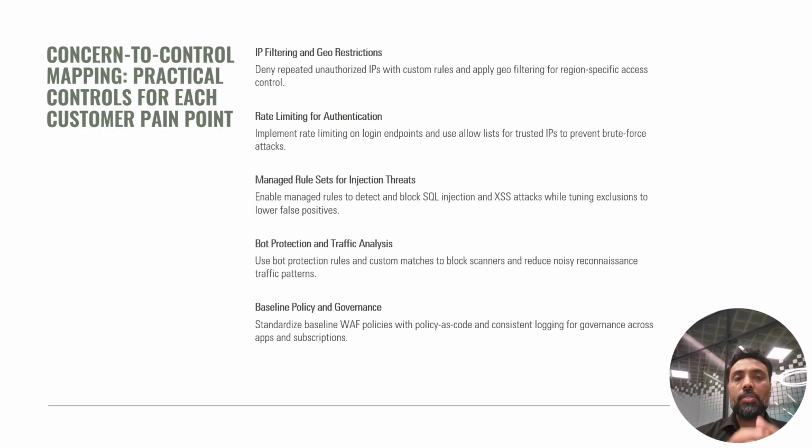When we say each customer concern can be mapped to a specific control, we mean IP filtering, rate limiting, injection protection, and managed rules. We can centralize these into a baseline web policy.